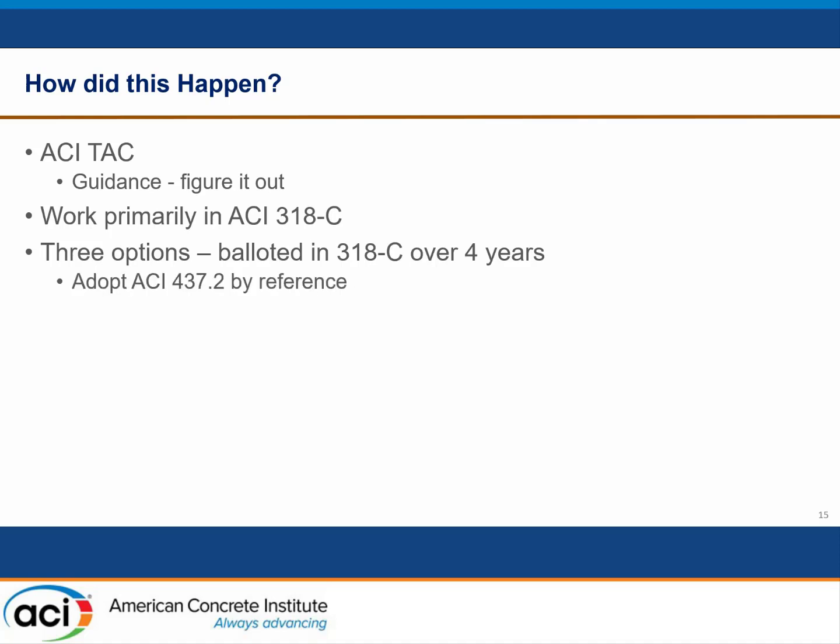Let's try this. First option we had was to basically try and fully adopt 437.2 by reference. And that did not work because there was a conflict that ACI 437 was really developed to work with ACI 562, so that didn't work. I then spent about a year trying to incorporate all of ACI 437.2 into ACI 318.